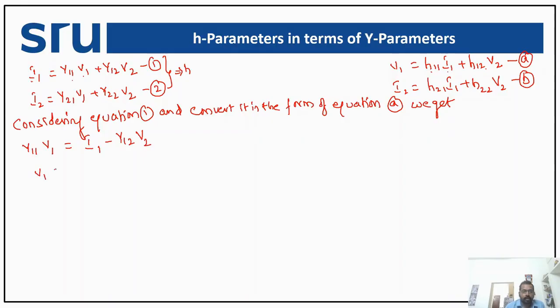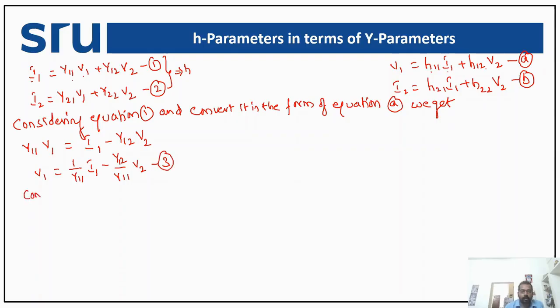V1 is equal to 1 by Y11 I1 minus Y12 by Y11 V2. So let us write this as equation 3.